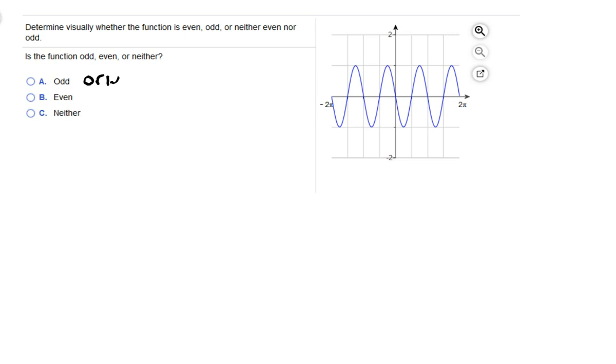The graph needs to have origin symmetry. And what that means is that you have your origin, which is where the x and y axis cross each other, and origin symmetry is going to have symmetry in these opposite quadrants. So opposite quadrants should have symmetry. To have an even function, you need to have y-axis symmetry.